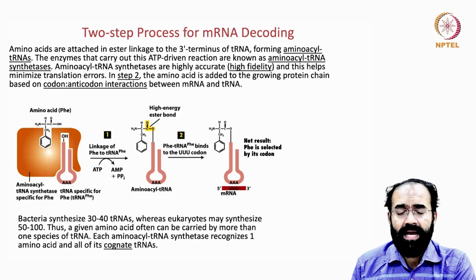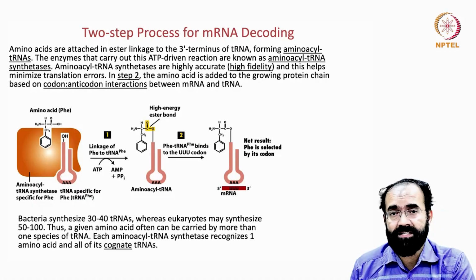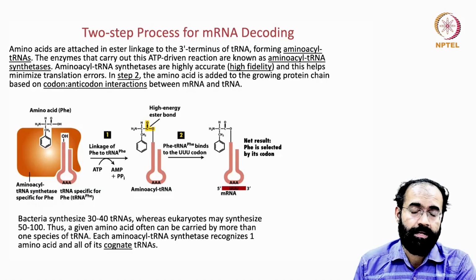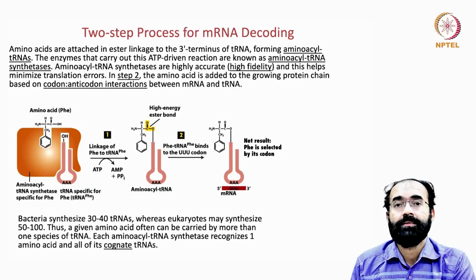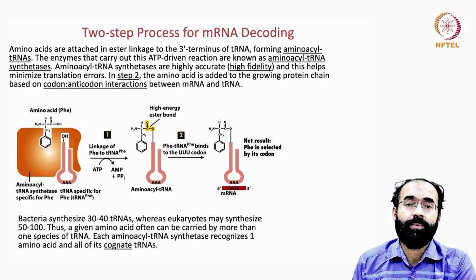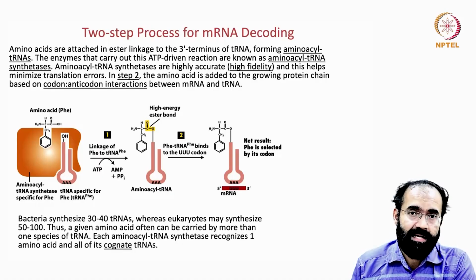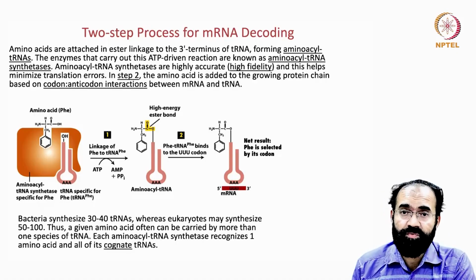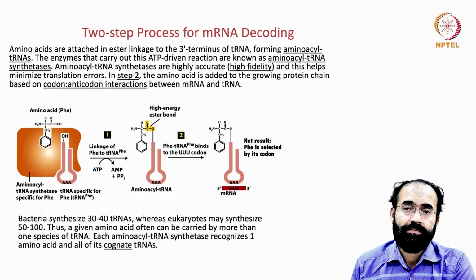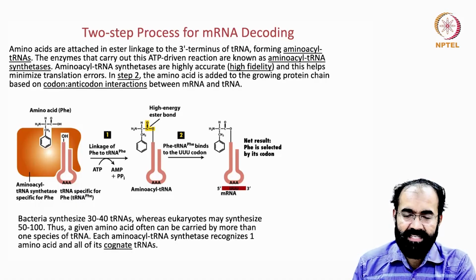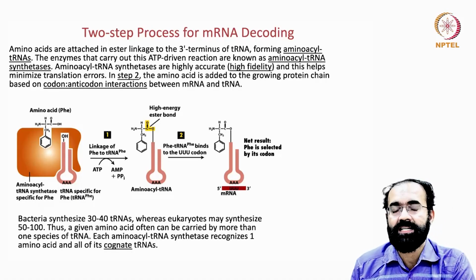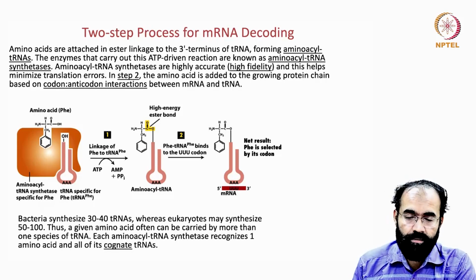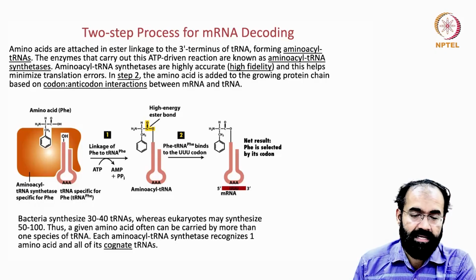This is called high fidelity, meaning there is no scope for error. A tryptophan amino acid should be delivered to the tRNA that contains the anticodon sequence for the tryptophan codon. Otherwise, the tryptophan will end up elsewhere, and you don't want that to happen. That is why the high fidelity of the aminoacyl tRNA synthetase is very important, and this helps to minimize translation errors.